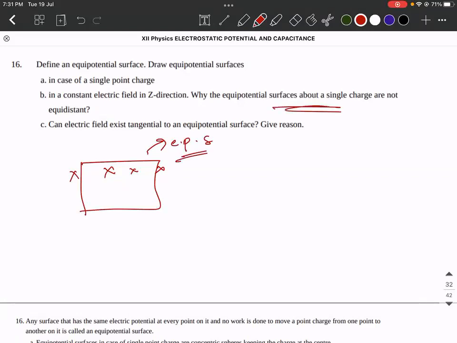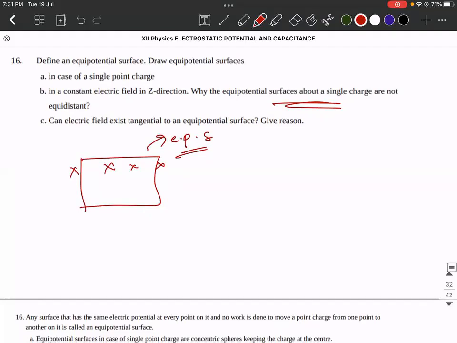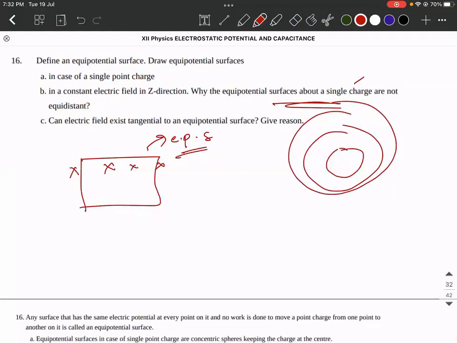Why are the equipotential surfaces about a single charge not equidistant? Because for a single charge, how do we represent them? As a set of concentric circles. When you go as concentric circles, the distance between them might vary. As you go away, the equipotential surfaces get closer to each other.